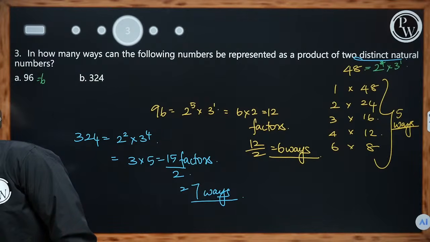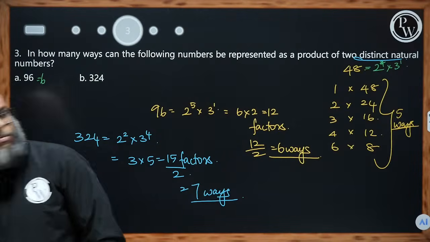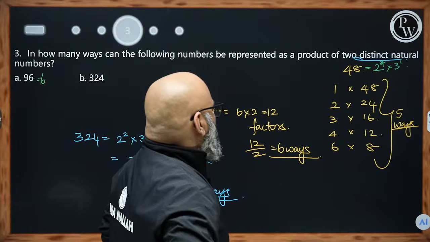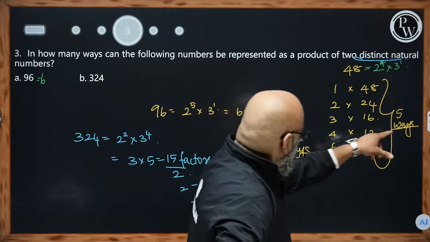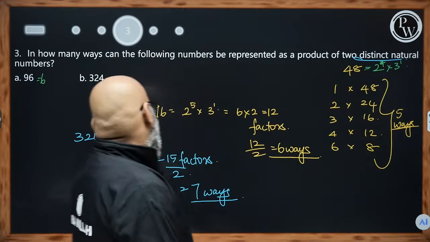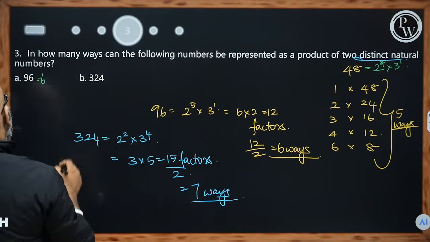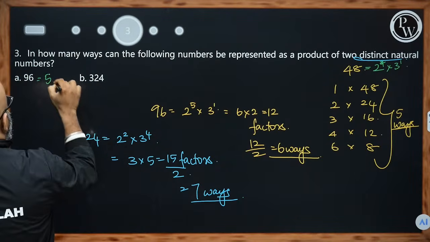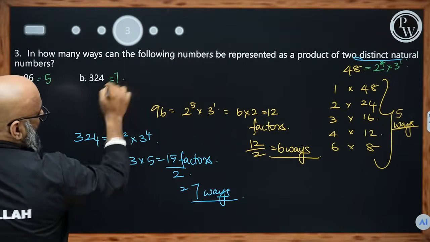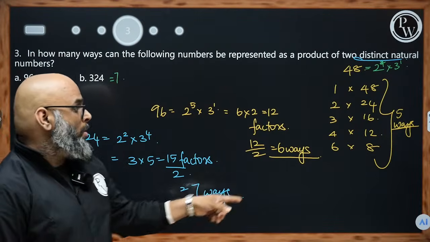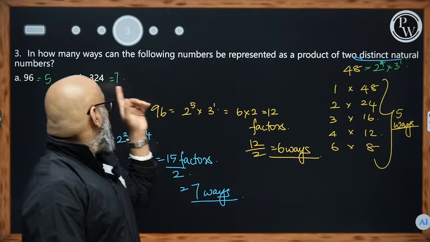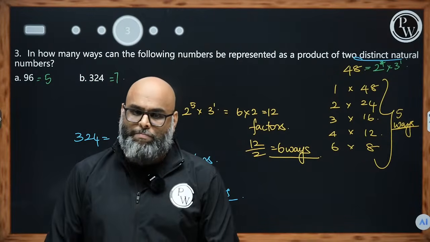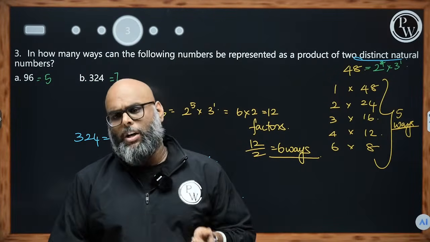There's a bunch of people that say 6. 2 power 4 into 3 power 1. 5 into 2, 10. 5 ways. So for this question, this is 5. And this will be 7 ways because 15 by 2, 18 into 18 will not be accounted for. You cannot take 18 into 18 because they are not distinct.